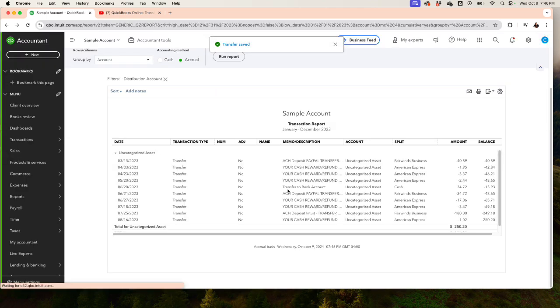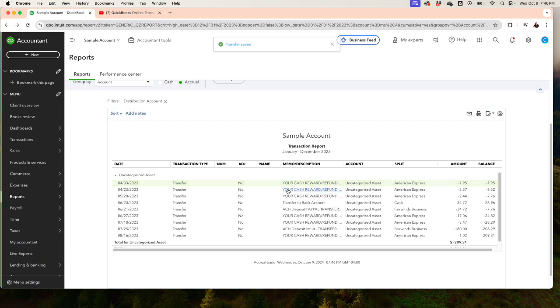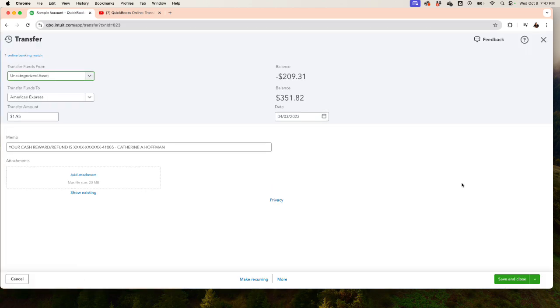What if you're just depositing your cash? Let's suppose your clients pay you with cash and you're just depositing it into the account? You can change that as well, as transferring out of the cash account. So this is American Express Rewards.